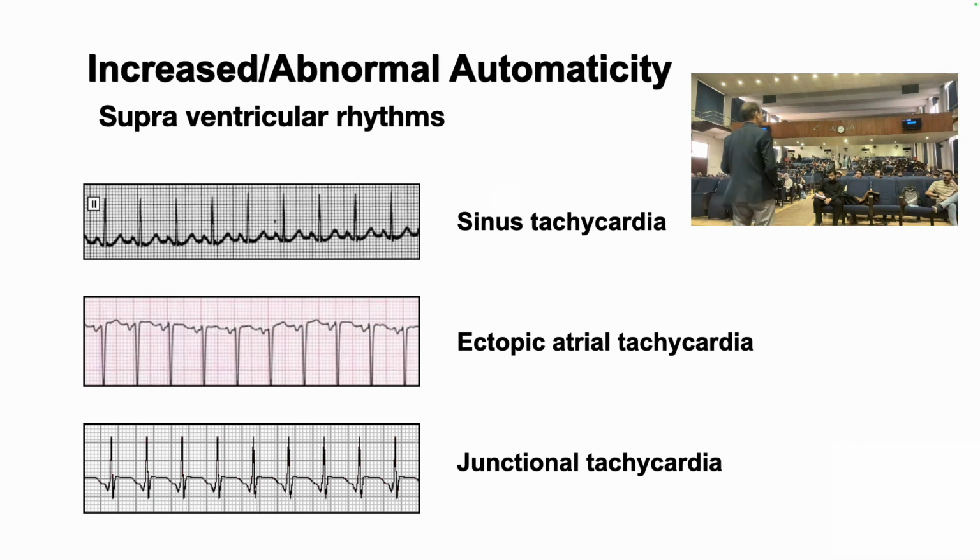Because the SA node will be producing a current. It's not that the SA node is dead. The SA node is also producing a current. So why won't you have that P wave? It will be embedded in the QRS complex. It will not be easy to dig it out. So you don't find a P wave here, and you've got a tachycardia. It's a narrow complex tachycardia. The complexes are narrow.